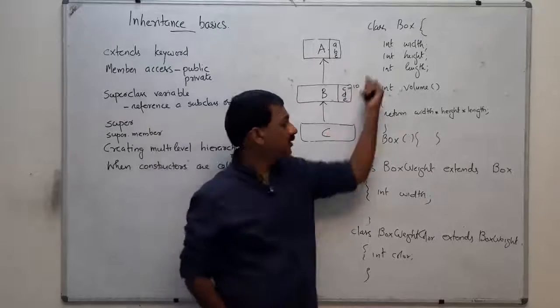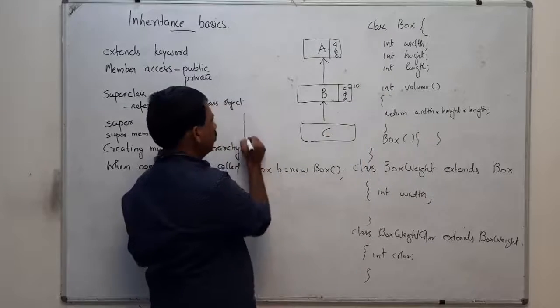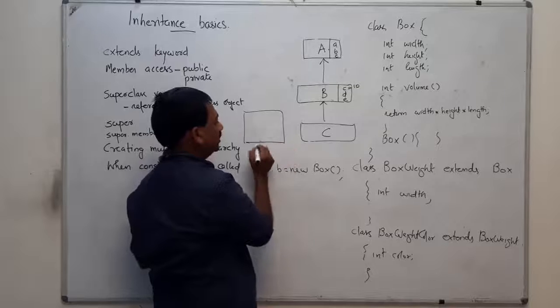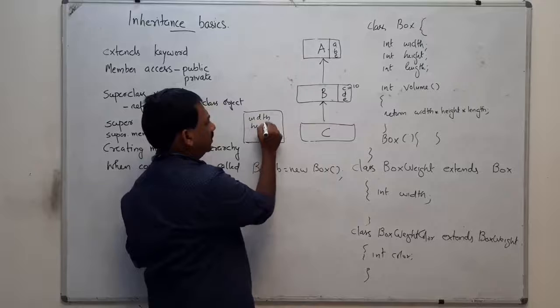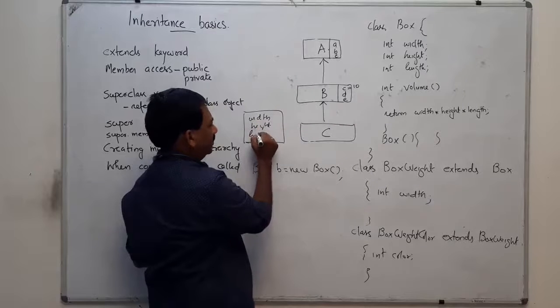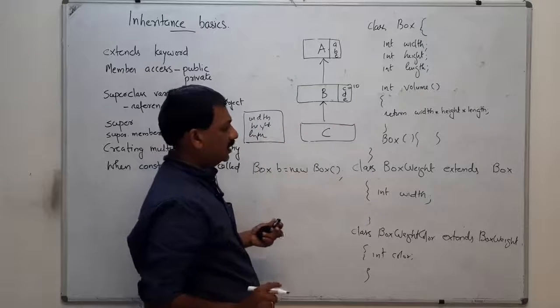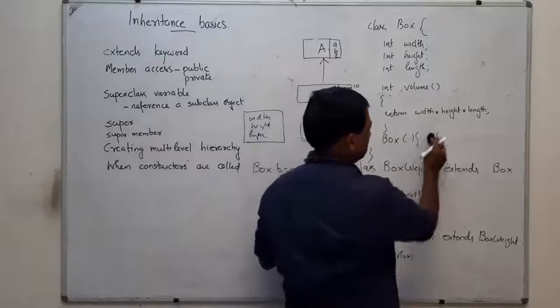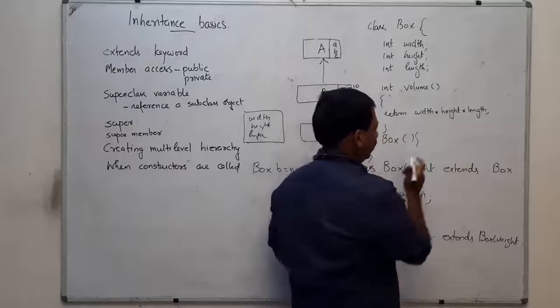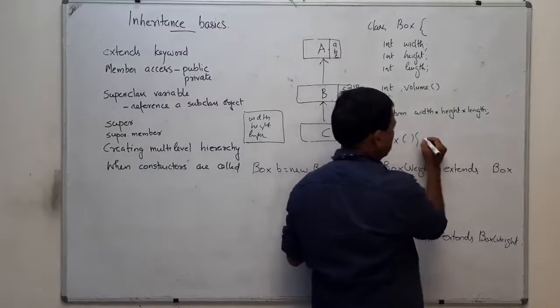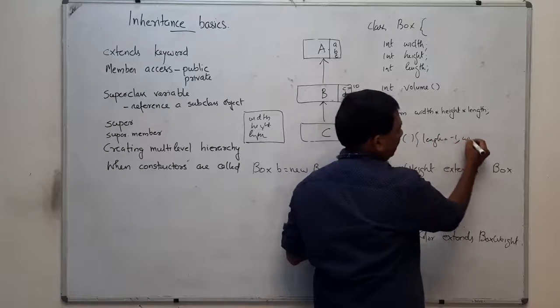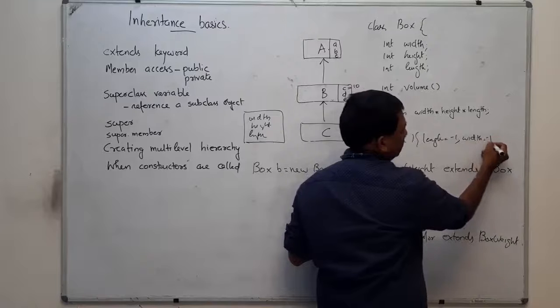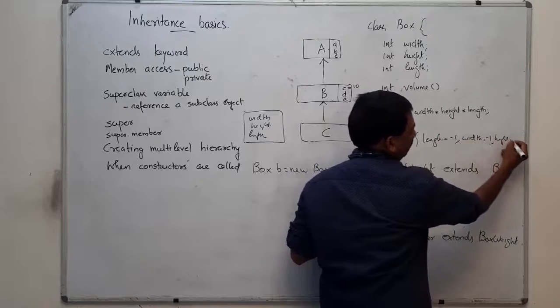When you are creating a Box B, after this Box object is created, in that you have width, height and length. Suppose that in this Box you are going to initialize length equal to -1, width equal to -1, height equal to -1.